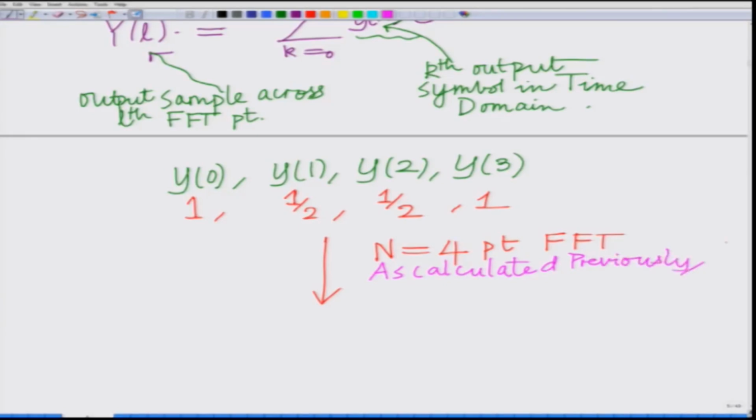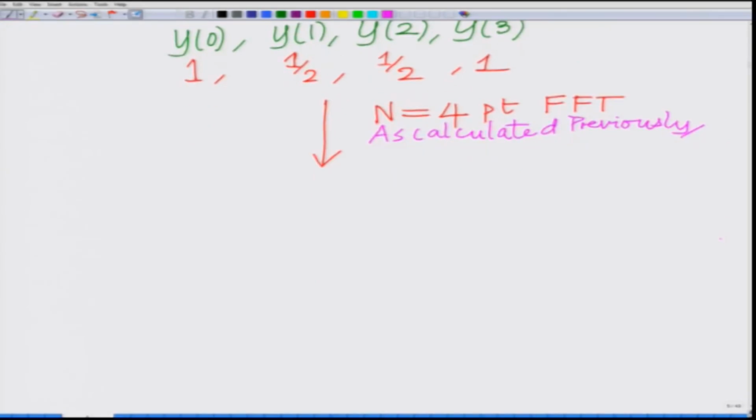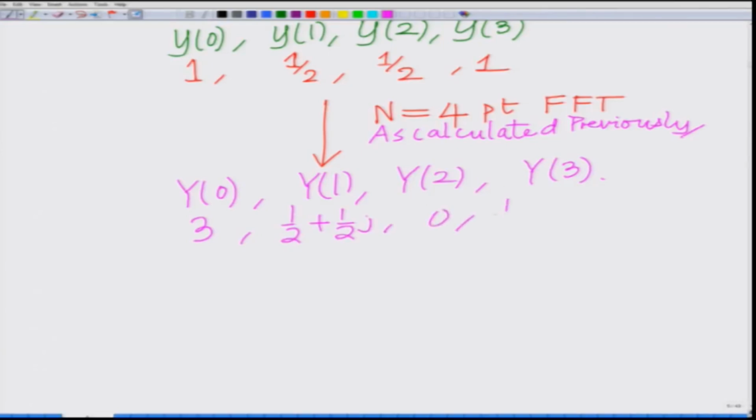And we have calculated this in the previous modules, and this you can see is given as your capital Y0, capital Y1, capital Y2, capital Y3, which are basically 3, half plus half j, 0 and half minus half j.